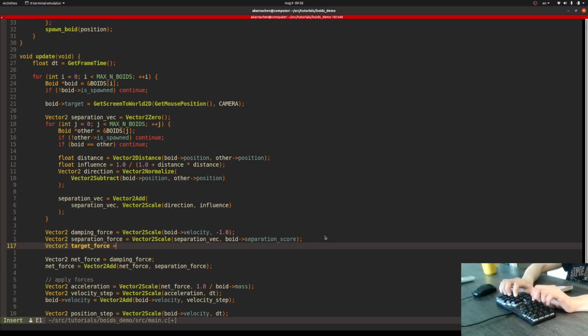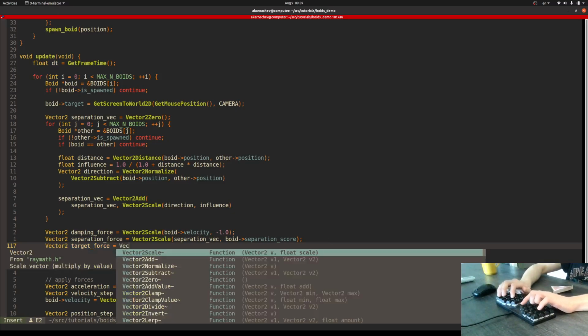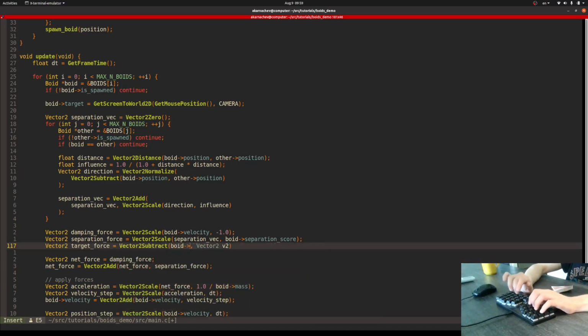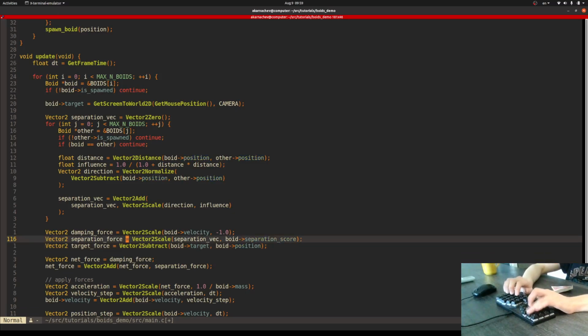Well, let's simply take the difference, vector 2 subtract between the Boid target and the Boid position. Let's call this force. Well, maybe let's do the same thing.